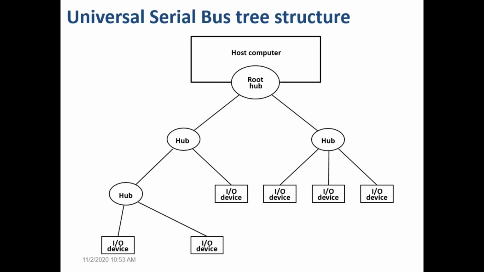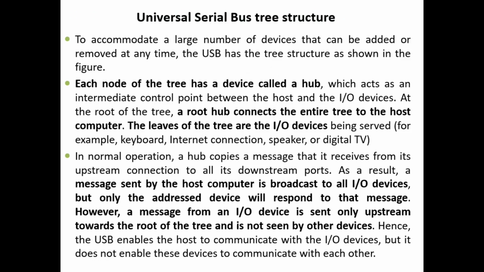Every node in the USB tree structure is a hub, and every leaf, that is the end section of every branch, is an IO device. So instead of connecting an IO device to a port, you can connect a USB hub and multiply the number of ports. This is the universal serial bus tree structure, the same theory which I explained. You can go through it once again.